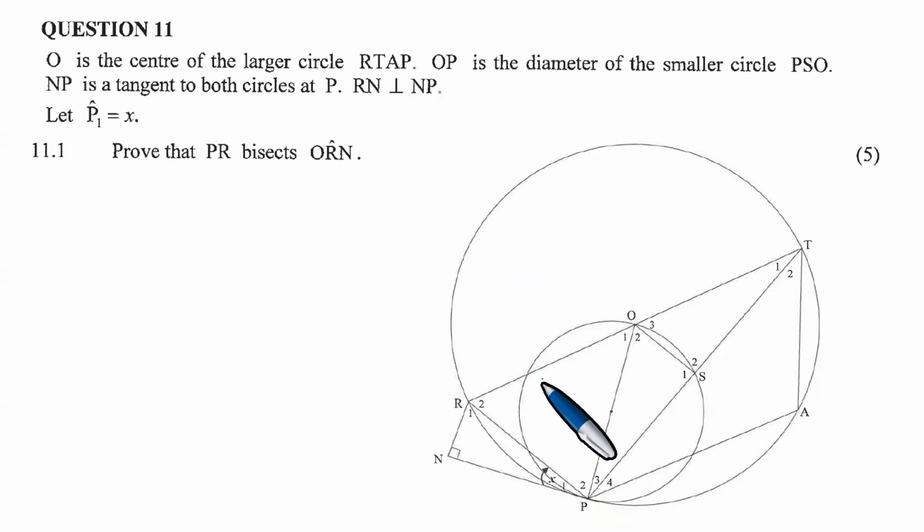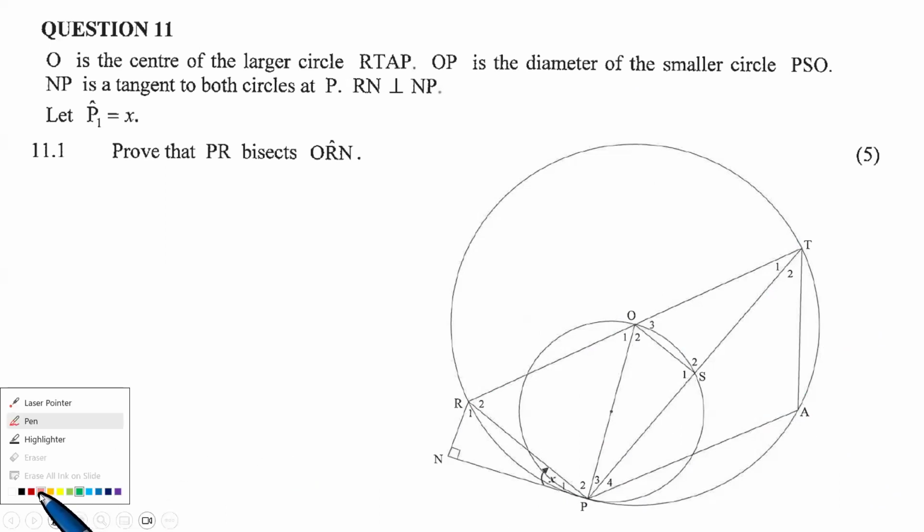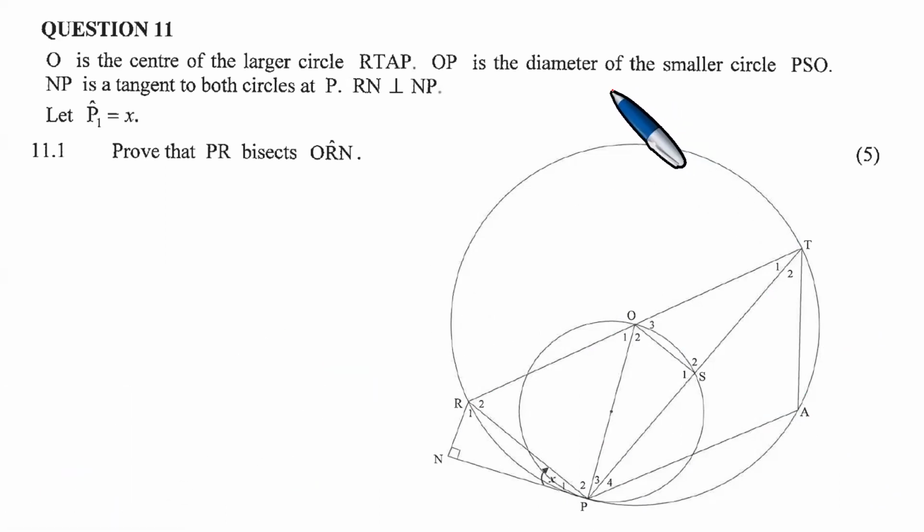OP is the diameter. If you look very carefully, there's O, and here is P. So you can see that OP is a diameter. What is next? OP is the diameter of the smaller circle PSO.